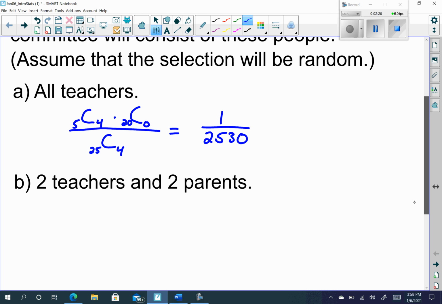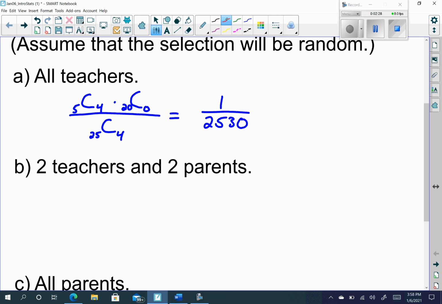Part B, related to this problem, we want the committee to be made up of 2 teachers and 2 parents. Pause the video to set that up. All right, so again, if we start with our fraction, let's start with the teachers. We have 5 of them to pick from.